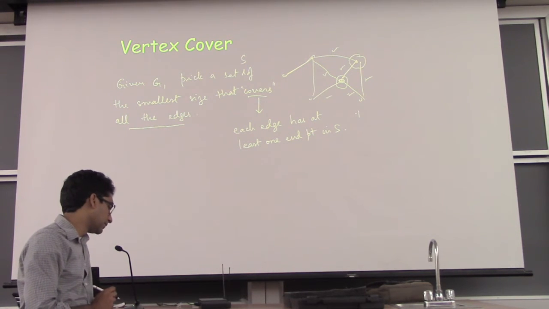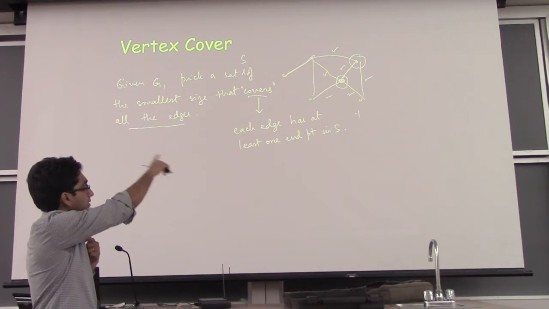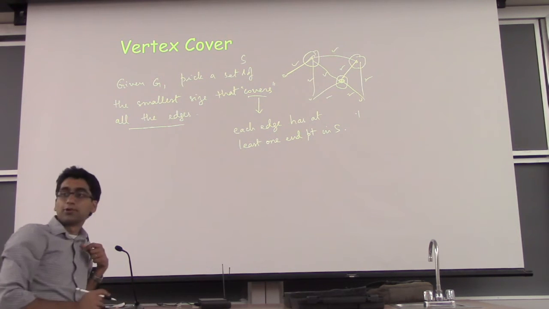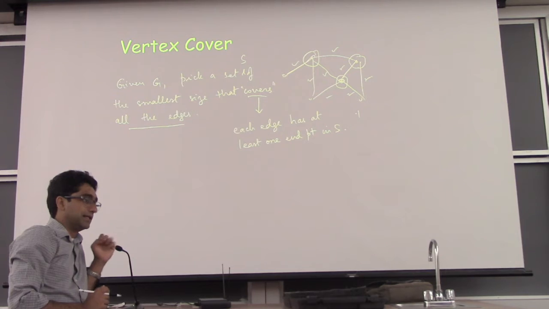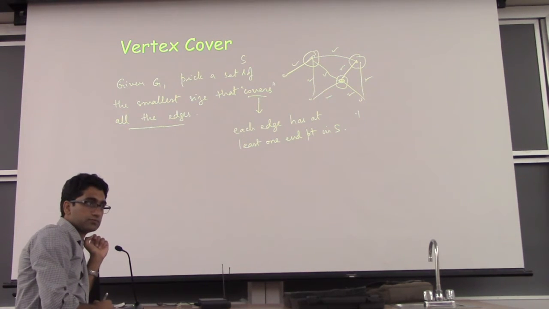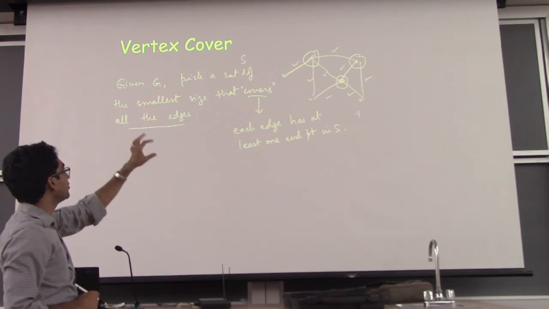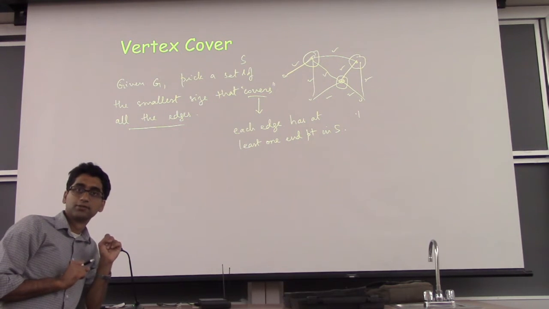And then there's these two left, right? So maybe I pick this, and this will end up covering these two also. So this is a vertex cover of size 3. I have 3 vertices that I pick. And the goal is to pick as few vertices as possible so that you cover all the edges.